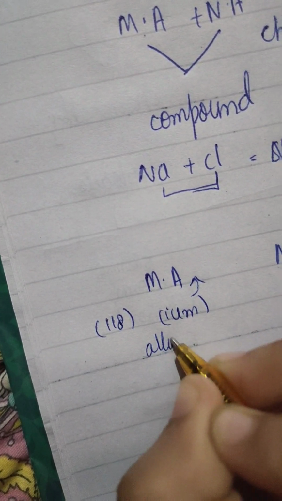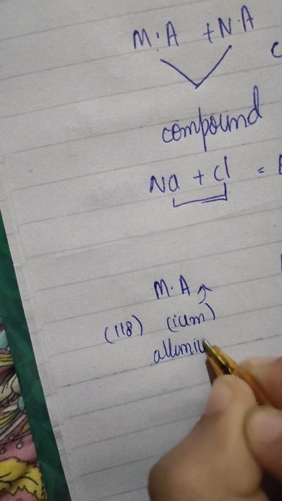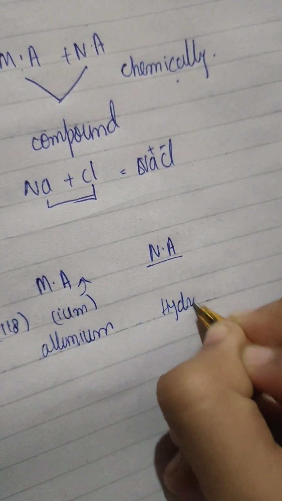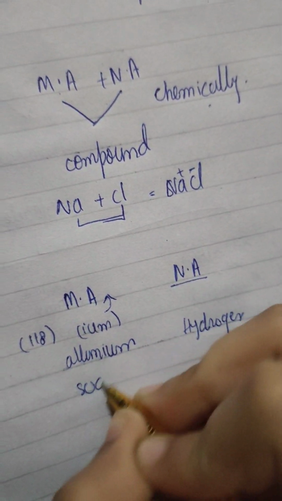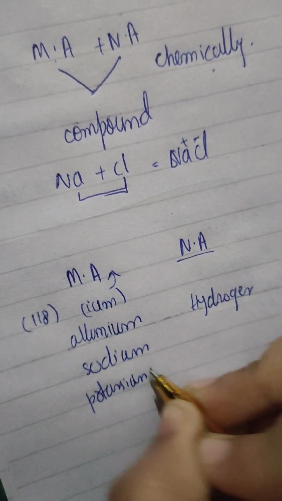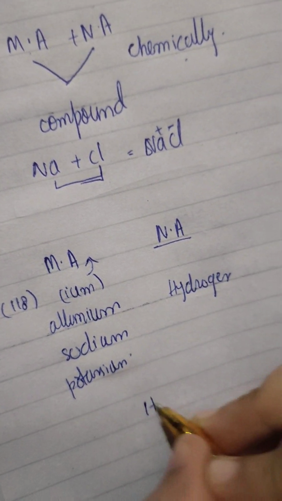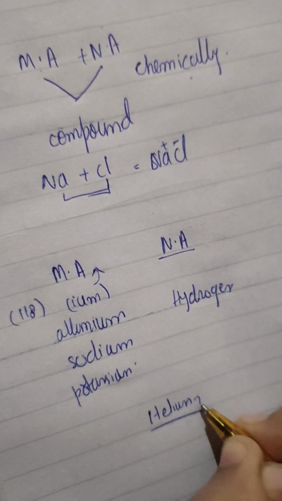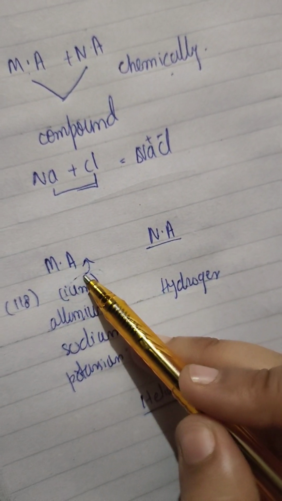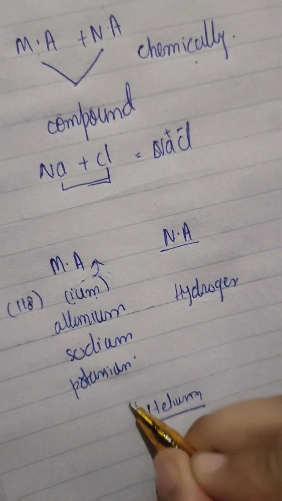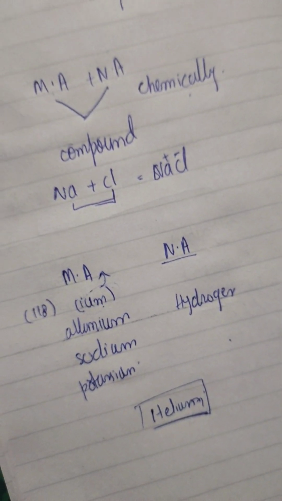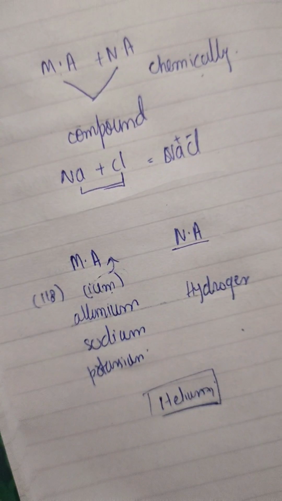For example, aluminium, sodium, Na, and potassium. But helium is the exception. Helium is a non-metal, so helium will not come under metal atoms.